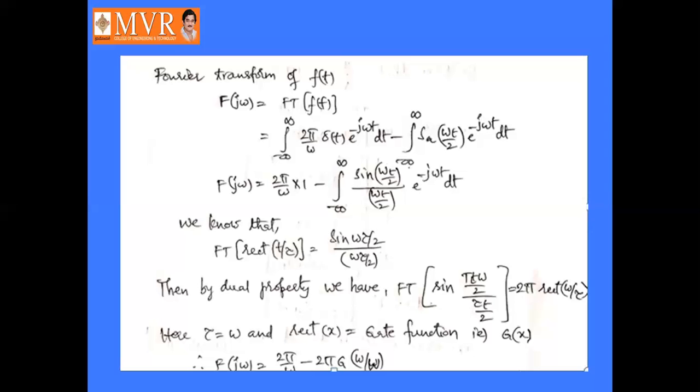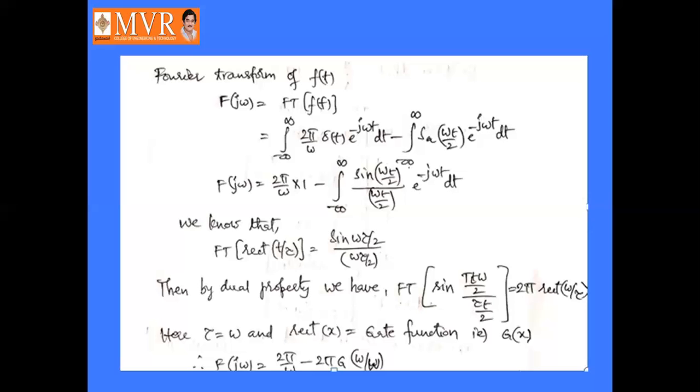Now, since the Fourier transform of rectangle of t by tau is equal to sin of omega tau by 2 by omega tau by 2, then by the duality property we have the Fourier transform of sin of omega t by 2 by omega t by 2 is equal to 2 pi into rectangular of omega by tau.